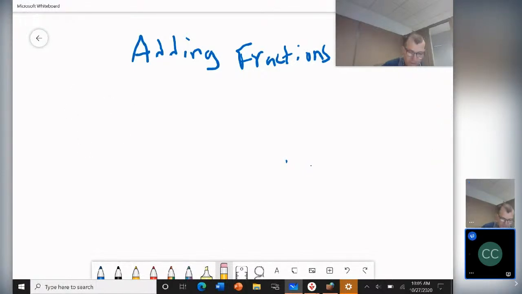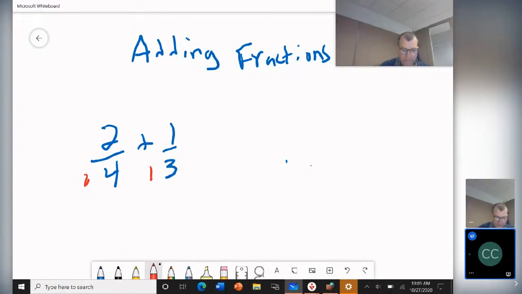We'll do 2/4 plus 1/3. We see 4 and 3 are different, so the denominators are different. We've got to find the least common multiple of 4 and 3.